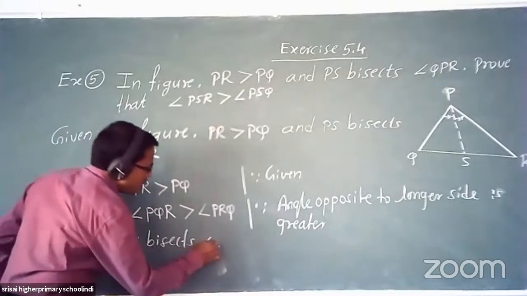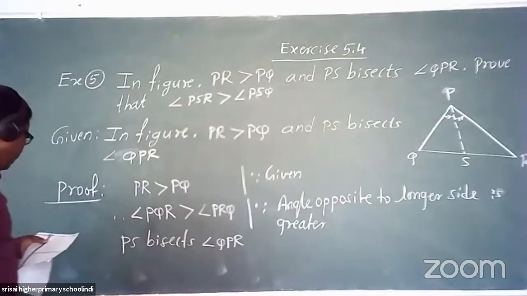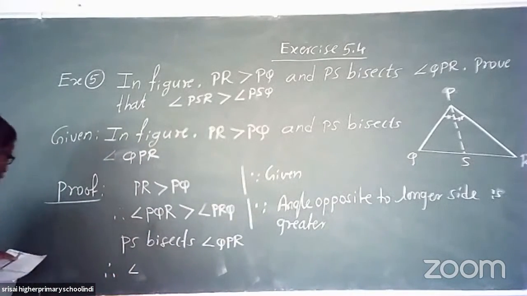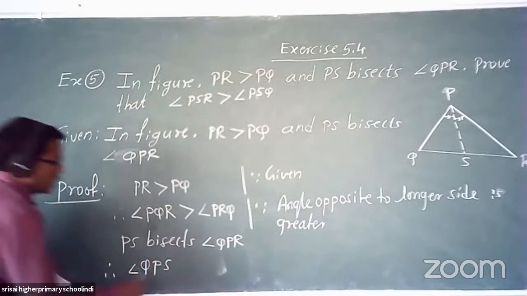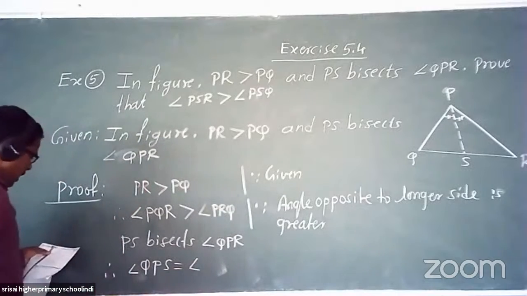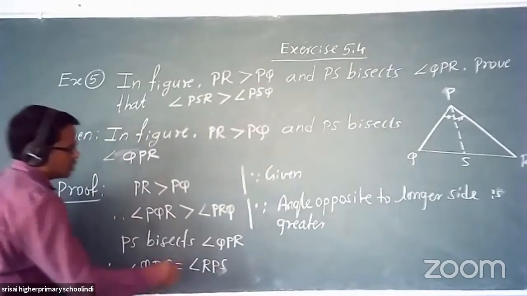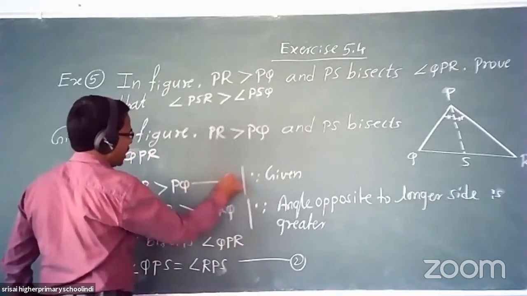PS bisects angle QPR. Therefore, angle QPS equals angle RPS. This you can call as 2 and this as 1.